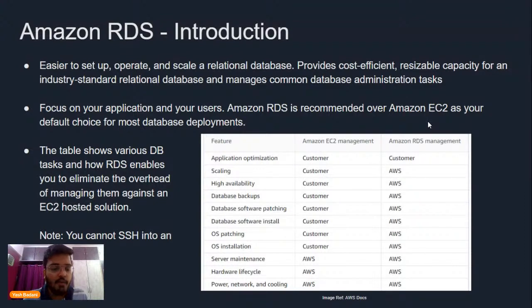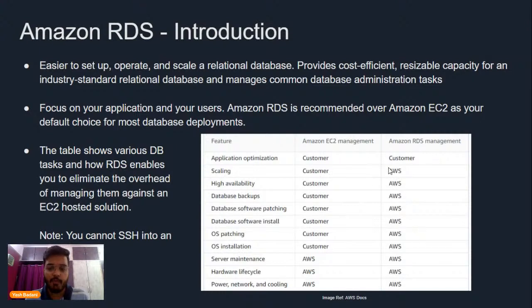If you have gone through the EC2 videos, you must have had a question: why can't I host a database on EC2? The reason is that you can, but you shouldn't, because these are the features that RDS supports automatically.